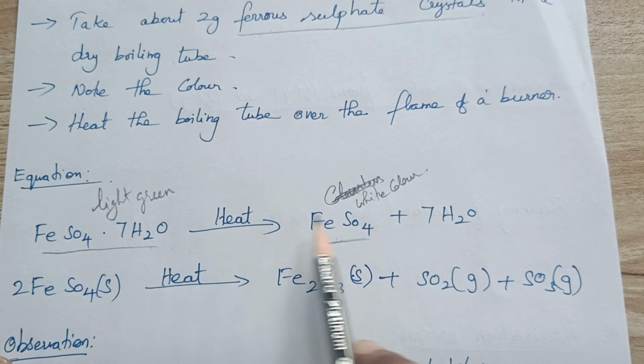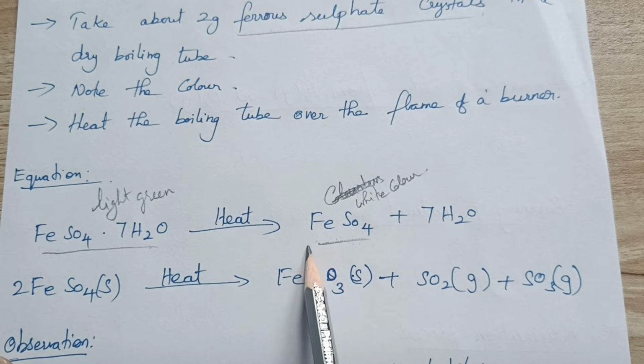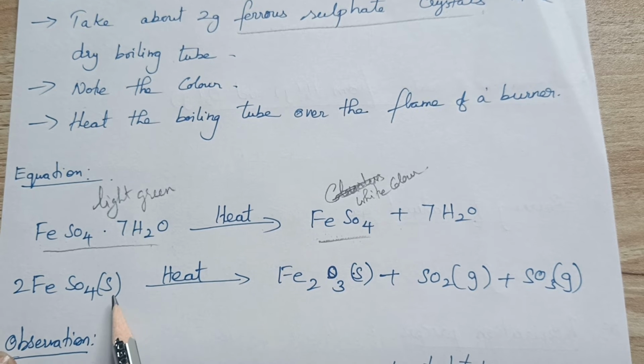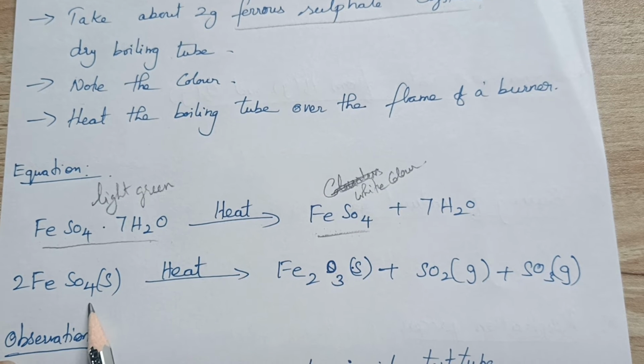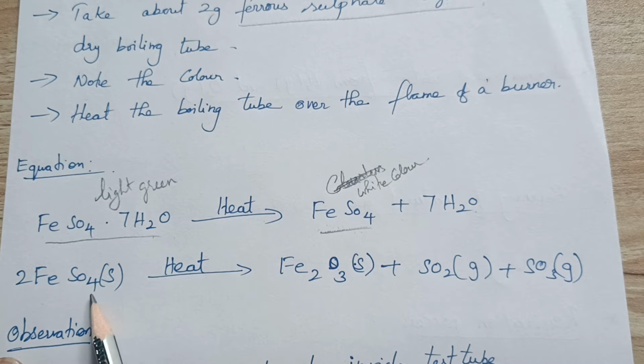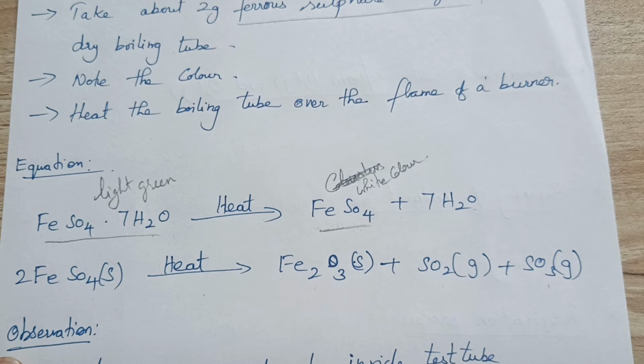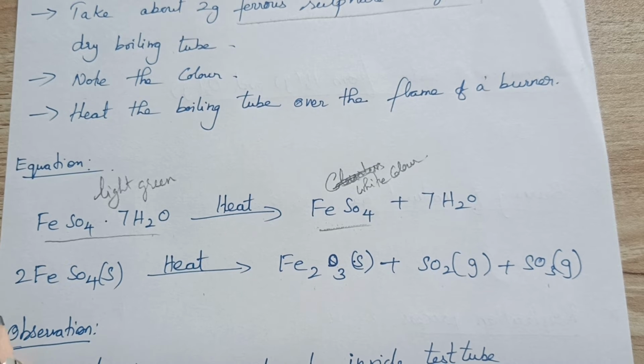So light green changes into white color: FeSO4·7H2O gives FeSO4 plus 7H2O. And on further heating, the ferrous sulfate will convert into ferric oxide, Fe2O3, plus sulfur dioxide plus sulfur trioxide.